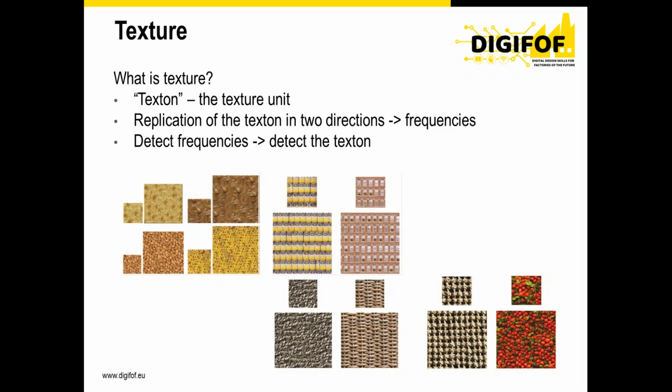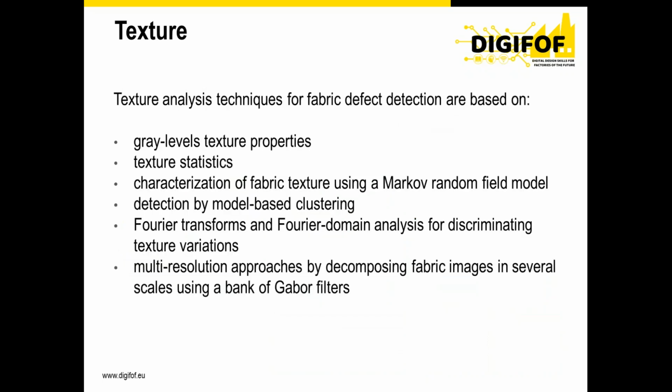If you want to detect the texture, you will need to find the two directions and also the frequency of the replication of this unit, the texton. If you can detect those frequencies, then you will detect the texton. If you detect the texton, you will also find out where it is not present, and in this case you will find the position of the defects.